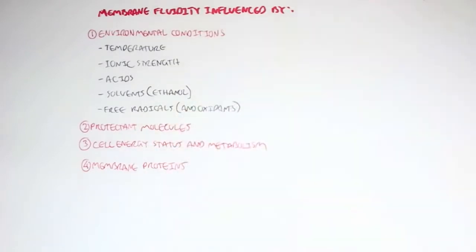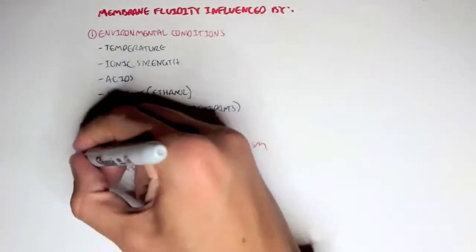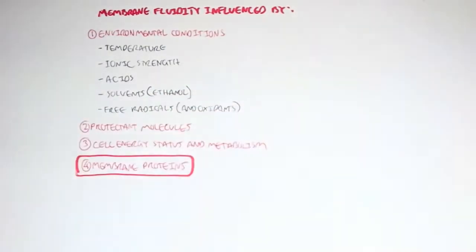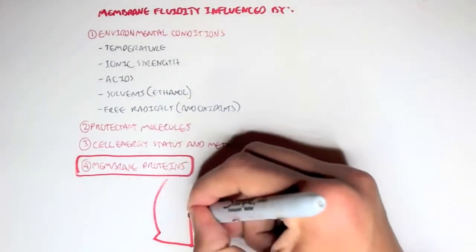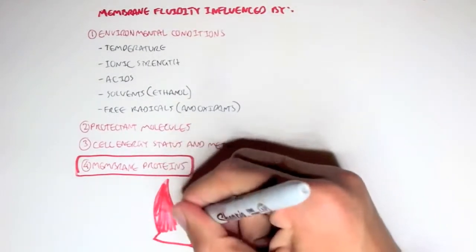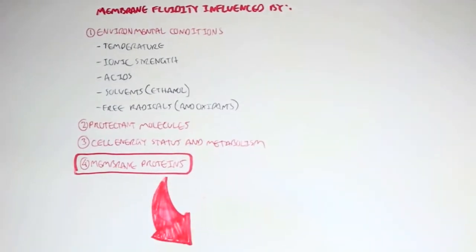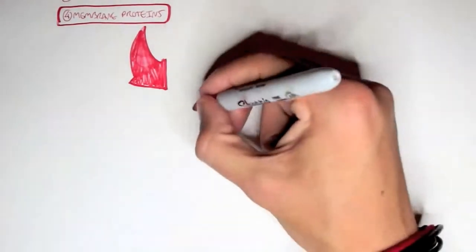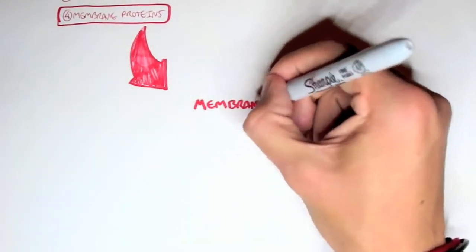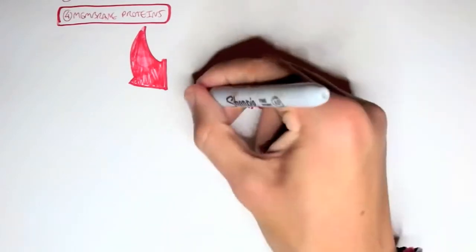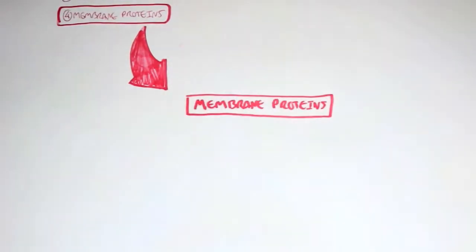And another important thing, which is also to do with basically everything that I just mentioned, is membrane proteins. Because membrane proteins are enzymes, transporters, and also essentially increase permeability of certain ions, and basically help maintain the membrane structure. They have a vital role in protecting the membrane structure as well. So membrane proteins.